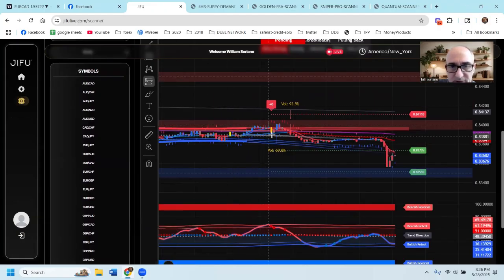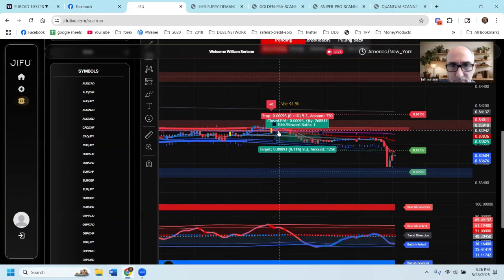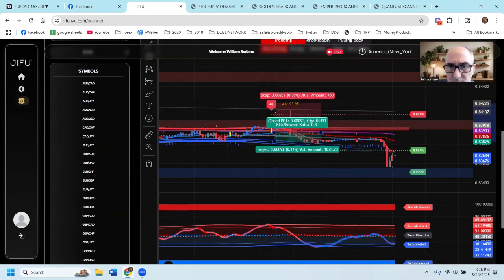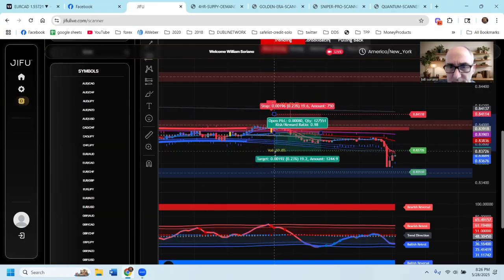So we have a short position. If we get in right here, we know that our stop loss is going to go right there. And our first take profit would give us not even a 1-to-1.